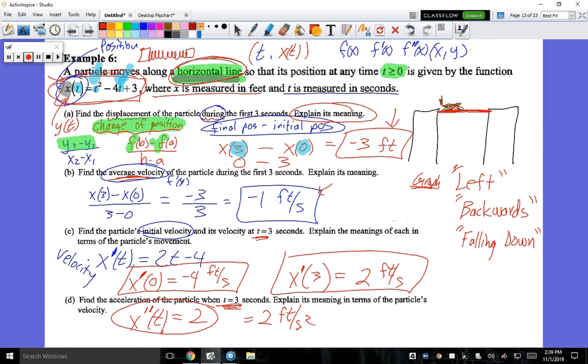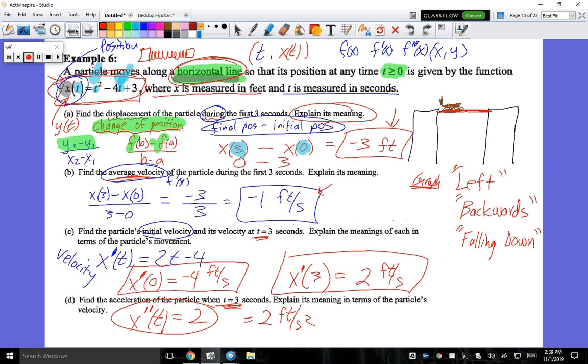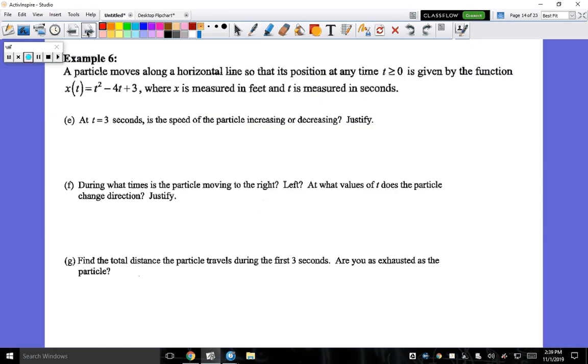Thank you, Arjun. So could you just say the particle's accelerating at 2 feet per second per second? Yeah, you could say the acceleration is 2 feet per second squared, or 2 feet per second per second. Most people use per second squared.